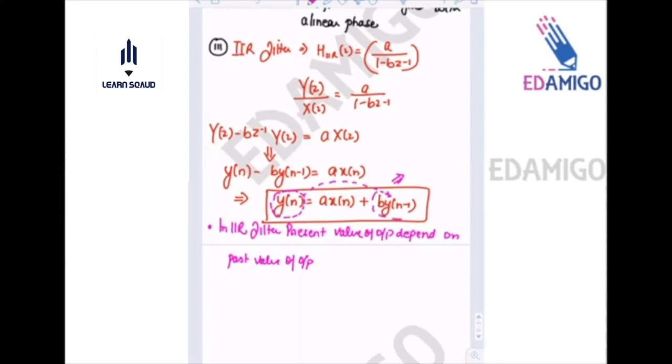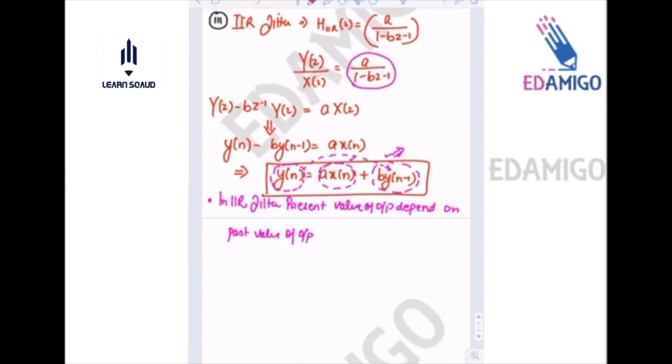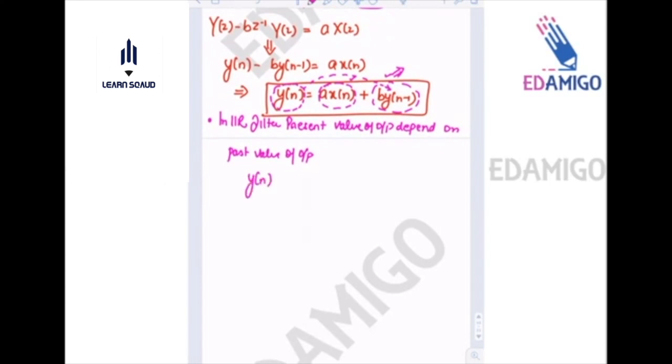And here we can see that it is depending on the present value of input also, and there can be other past values of input and other past values of output also, because I have taken a simple system, so that's why only these two terms are coming. In general form, it will be a times x[n] plus a1 times x[n minus 1] plus a2 times x[n minus 2] and so on, plus b times y[n minus 1] plus b1 times y[n minus 2] and so on.